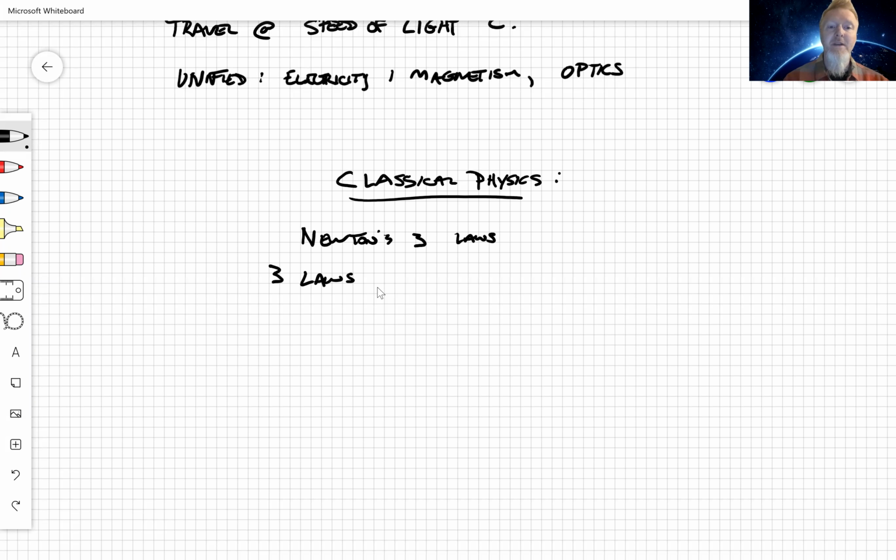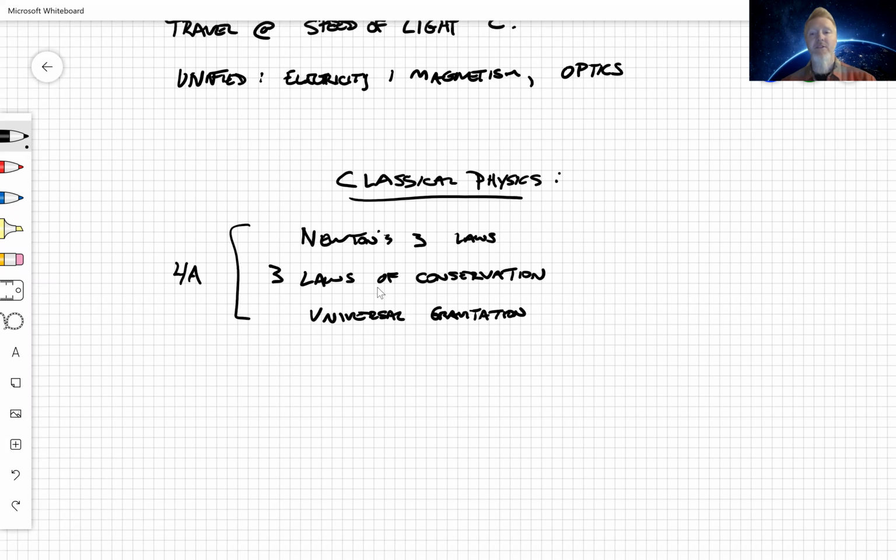We have actually 3 laws of conservation from mechanics. And we have the law of universal gravitation, also, of course, due to Newton. Those of you who had 4A last semester, you may not have had the time to have gone through universal gravitation, which is a shame, but nonetheless is highly worth your while as a field of study. So these are from 4A. Okay, those are the 7 laws that you can study in 4A.